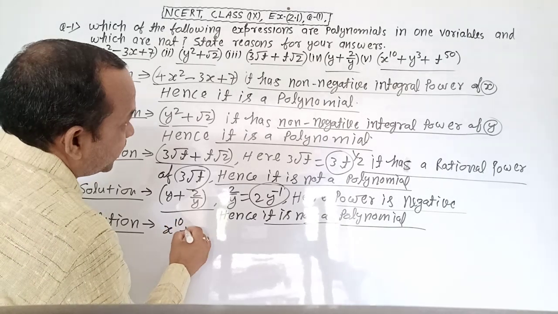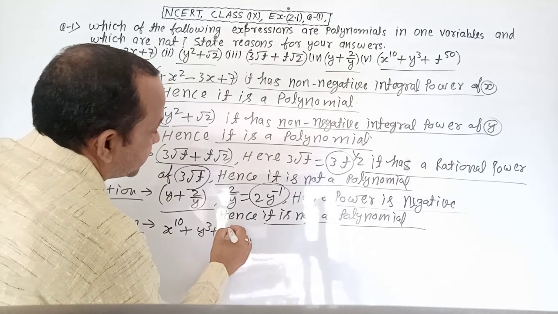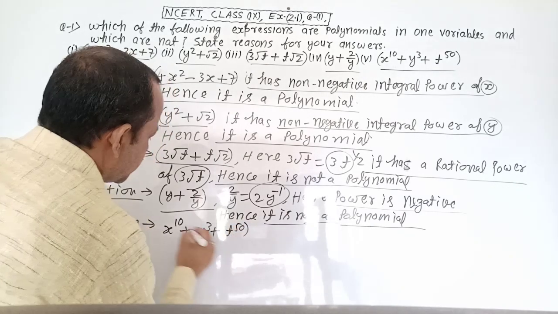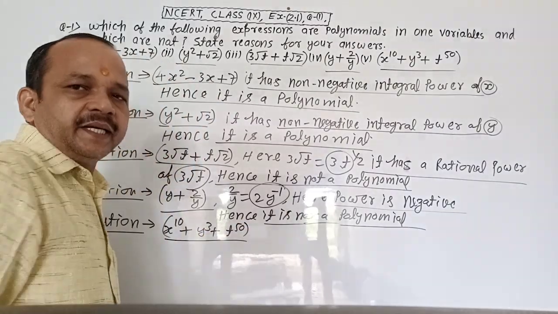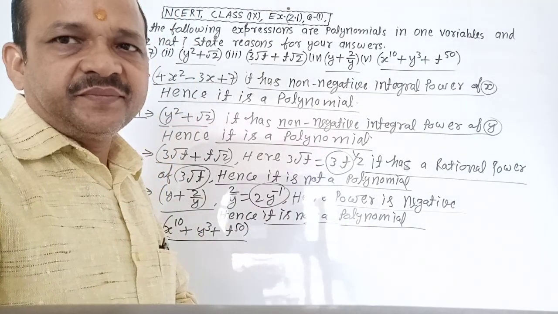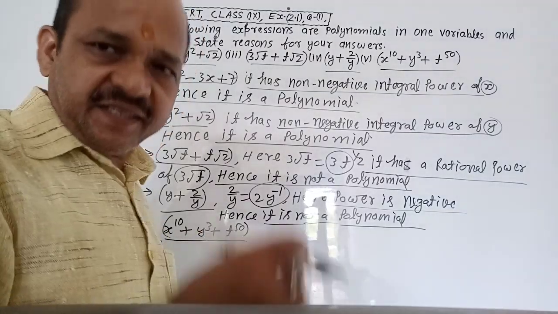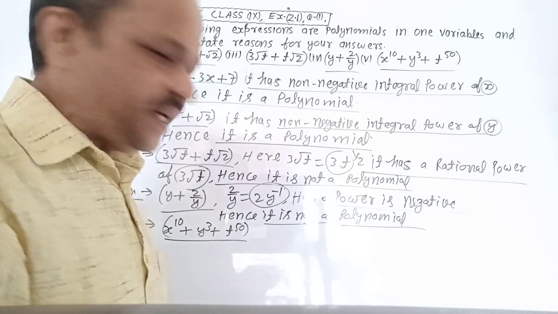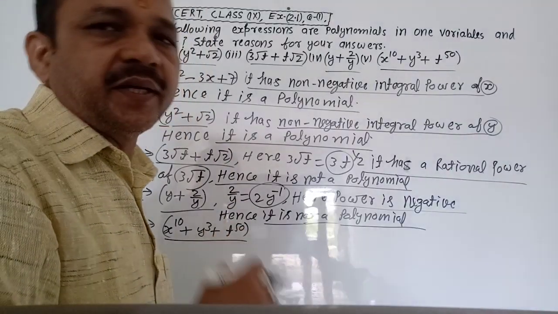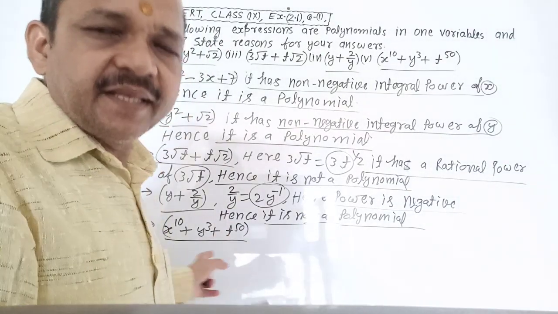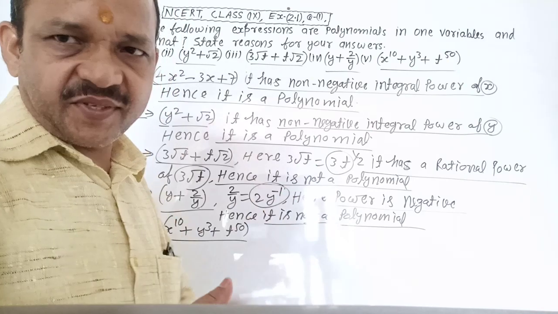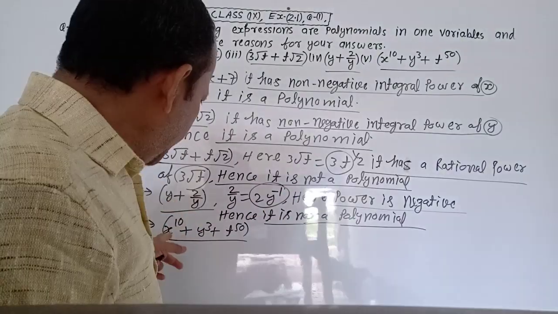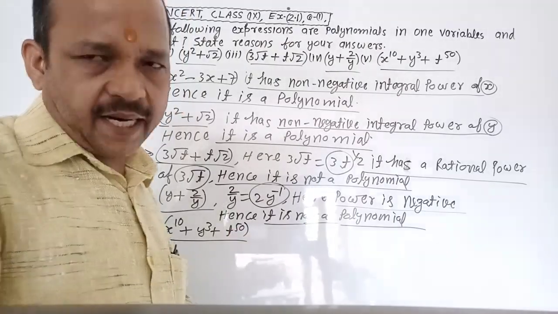x power 10 plus y power 3 plus t power 50. It is your expression. Here sign plus is operation, separated part by operation is first part, second part, third part. It means it has three terms: variable x, y and t.